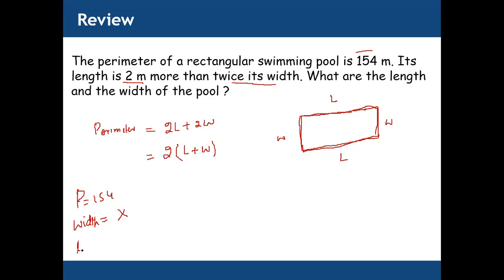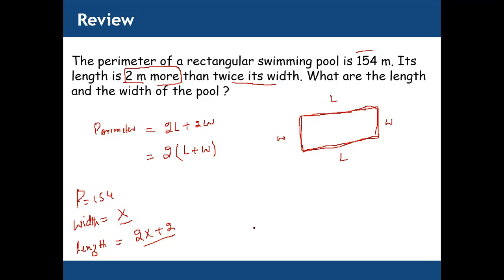Twice means 2 multiplied by x. Then 2 meters more than that; more means plus 2. So 2x plus 2 is the length and x is the width.